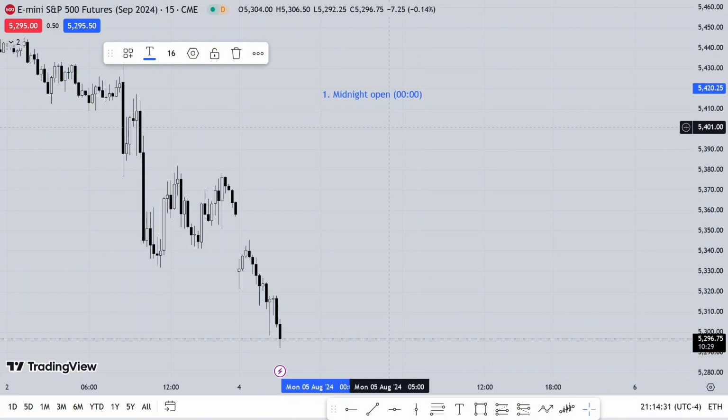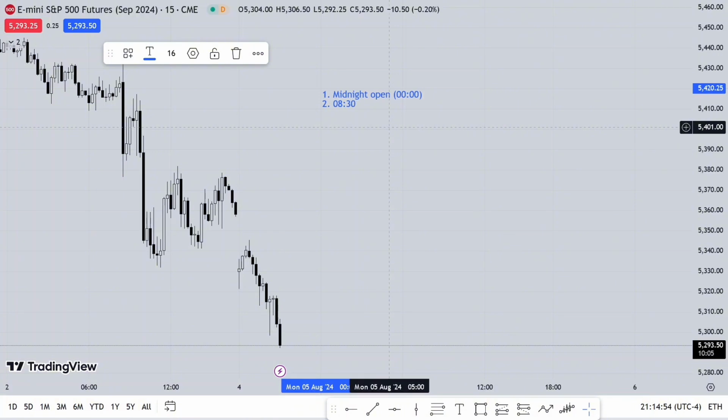Then the second basic opening price you want to note is the 8:30 a.m. opening price. There's an 8:30 a.m. window when the equities market has the opening price for the morning session. This is standard 8:30.